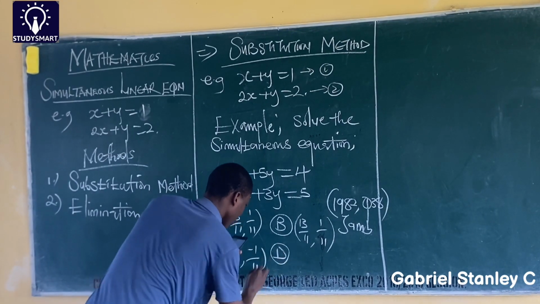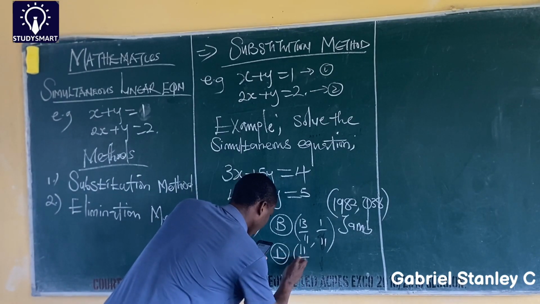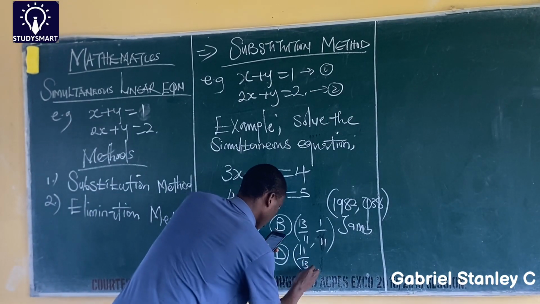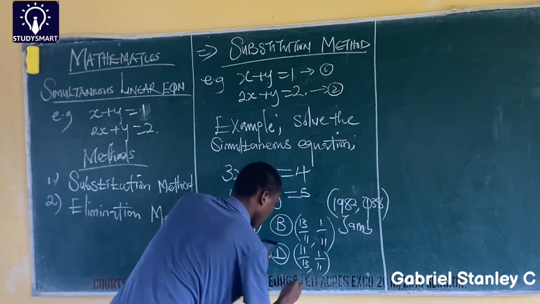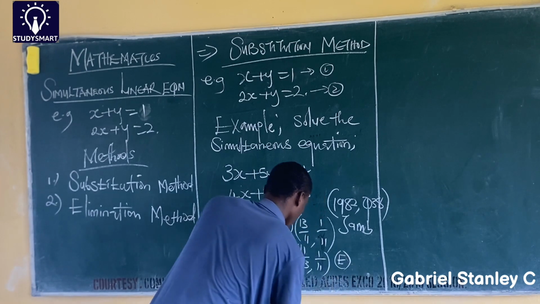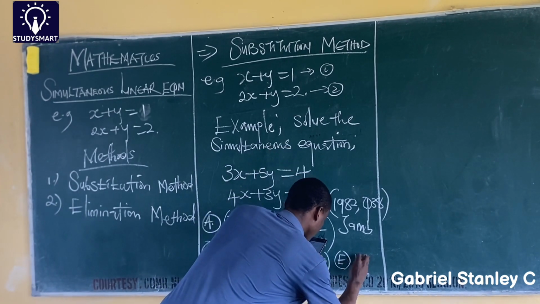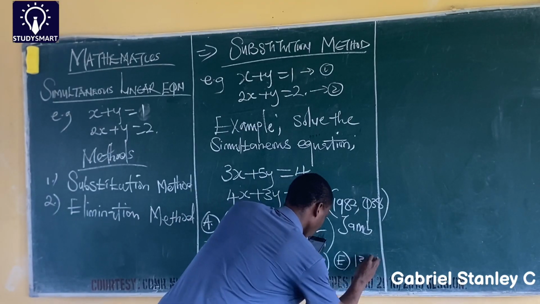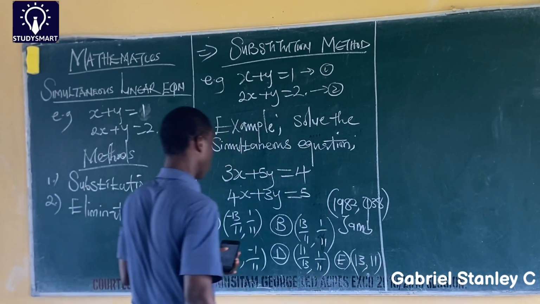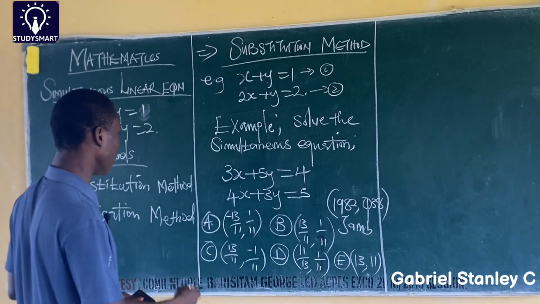For D, x is 11 over 13 and y is 1 over 11. Lastly, for E, x is 13 and y is 11. Right, so this is a typical JAMB past question, and we are going to be solving it.